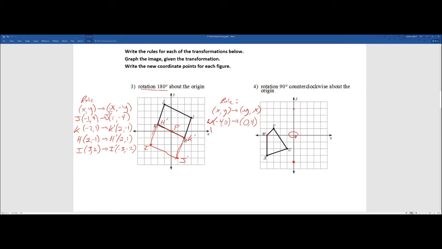So let's try v, -3 comma 1. Let's try it. So if we do this correctly, they flip, and whatever your y is, it negates. So now for v prime, apologies, I didn't write it here. V prime should be at -1 comma -3.